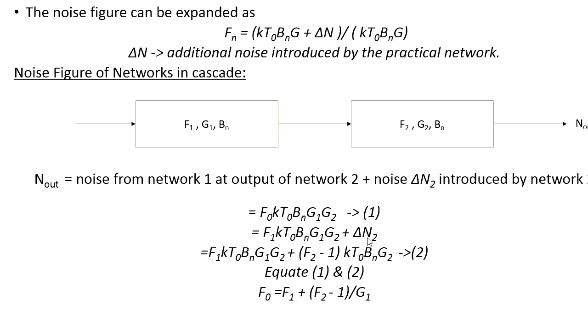So I replace delta N2 with this whole equation, and by equating equations 1 and 2, I will get the total noise figure from these two stages: F naught is equal to F1 plus F2 minus 1 divided by G1. That is the total noise of the two stage network.